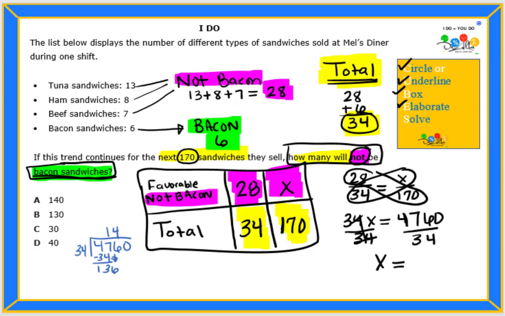So the second number, I was thinking it should either be 4 or 3. And since 4 times 4 is 16, that would give us a 6 here. That's 12. And 1 is 13. Perfect. But I still have a 0. We can't leave it there. So 34 goes into 0 0 times. And we are done. So x equals 140.